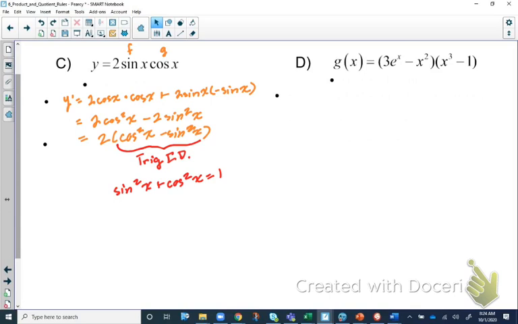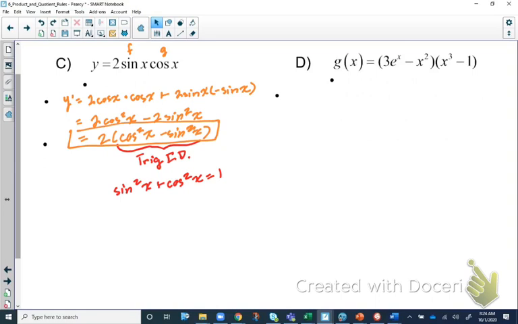And in this case, they don't match as a trig identity. So I'm not going to try to simplify the expression in the parentheses to be a 1. I'm going to just conclude that this bit here is going to be the derivative.